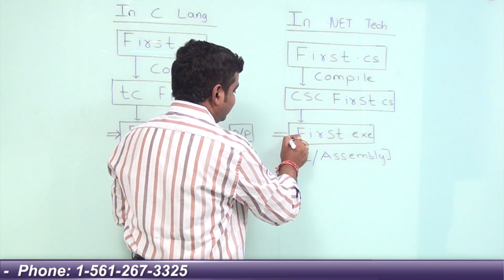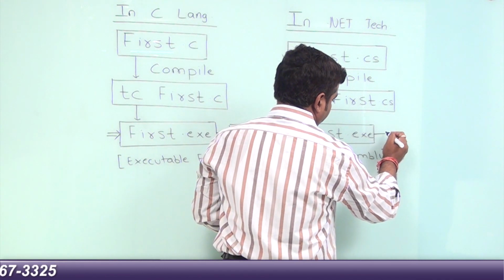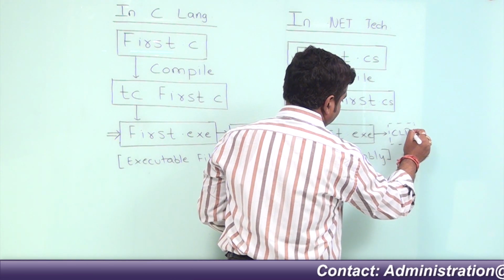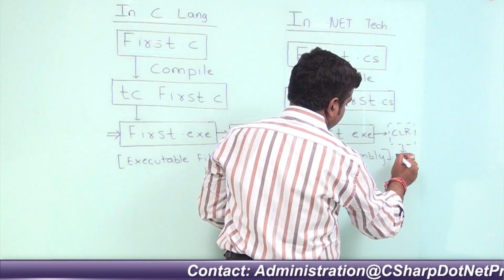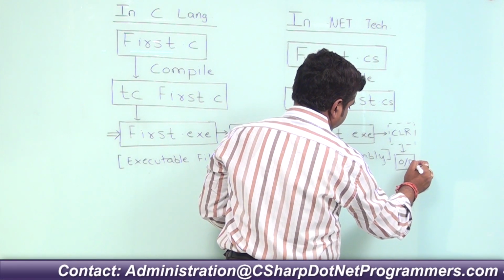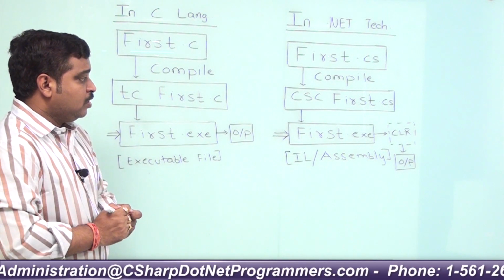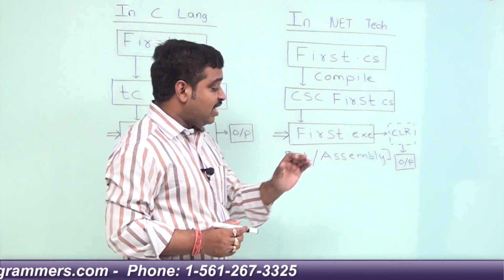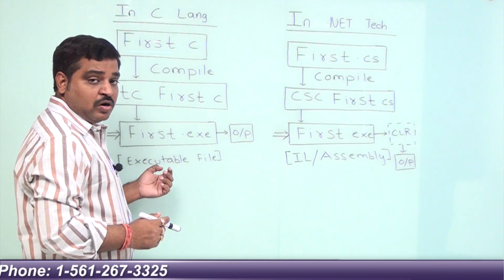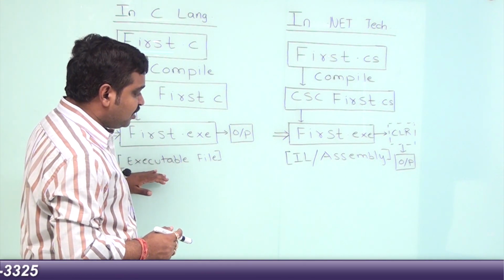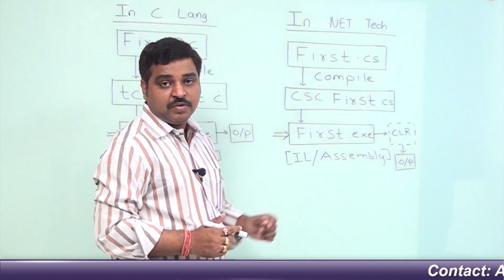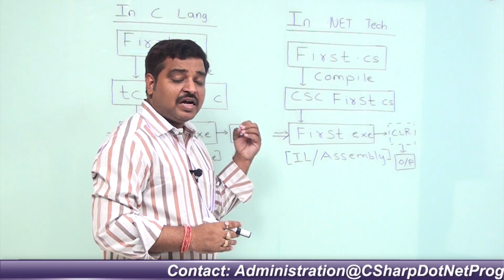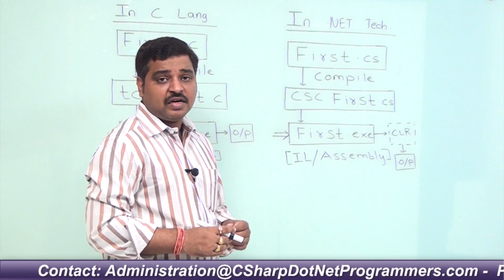When we try to execute this first.exe, the instructions will be passed to the CLR, and from the CLR we will get the output. In order to understand the importance of CLR, first we have to understand the difference between an executable file and an assembly.